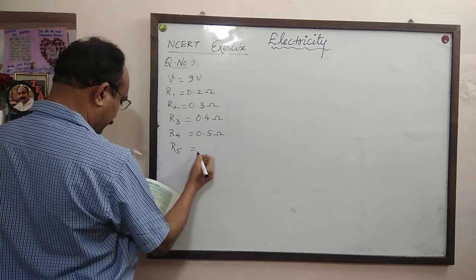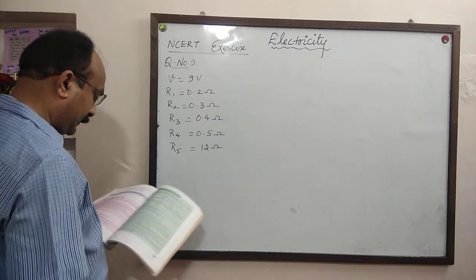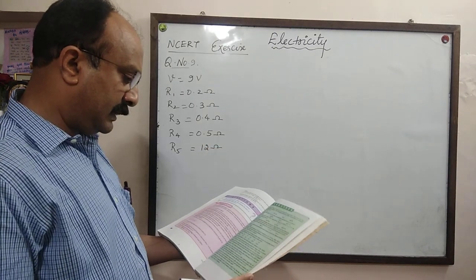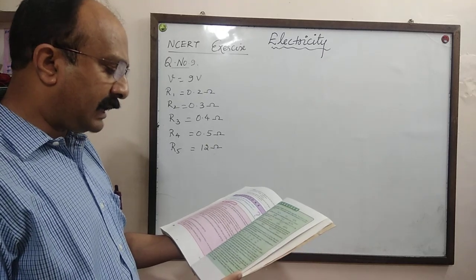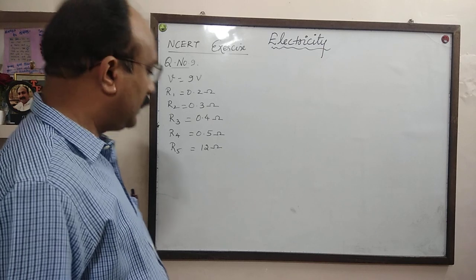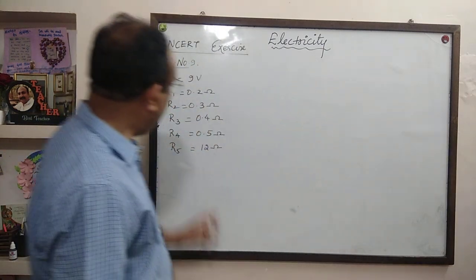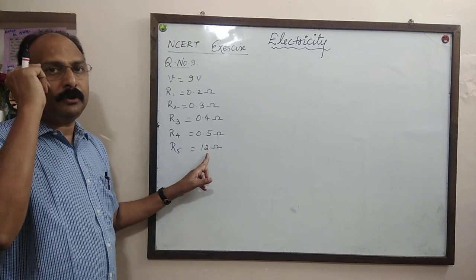R5 is equal to 12 ohm. Then the question: how much current would flow through the 12 ohm resistor? If all these resistors are connected in series, how much current will flow through the 12 ohm resistor?